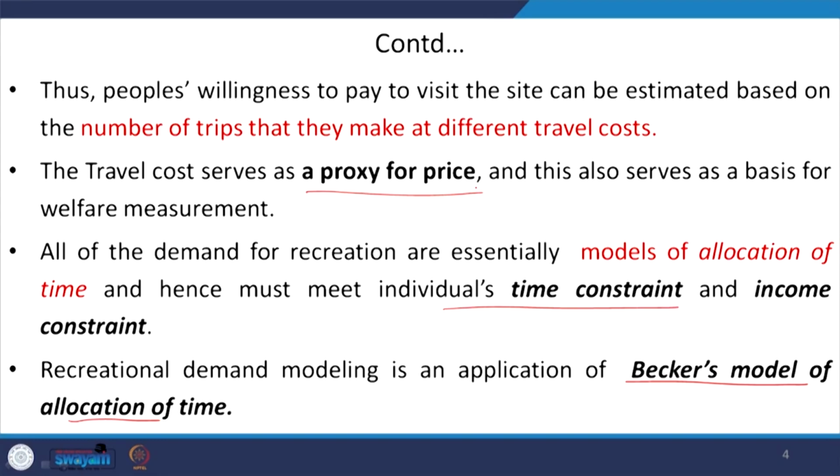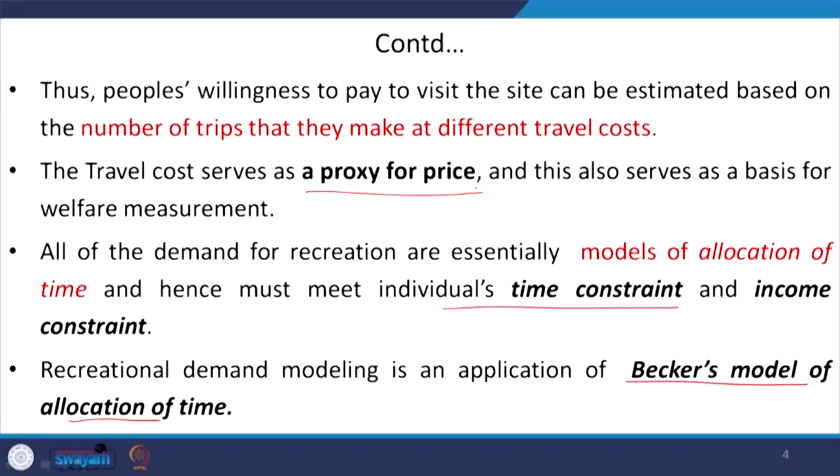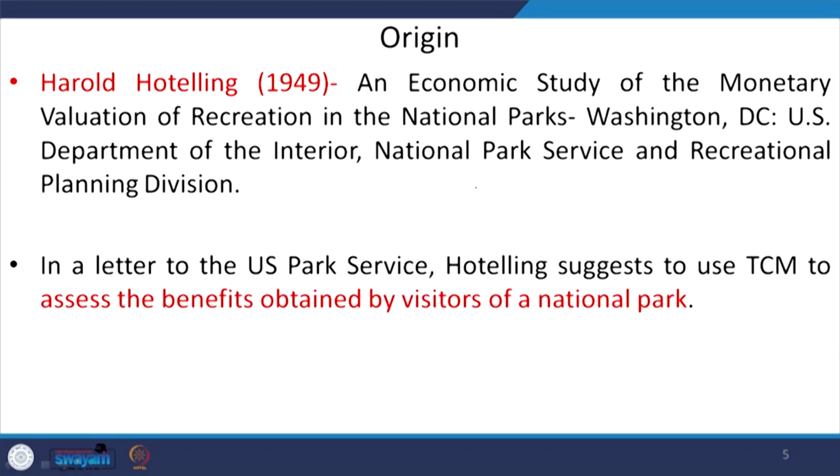And here, how we are estimating the willingness to pay is based on the number of trips or number of times the visitors visit that particular site at different travel costs, maybe per year or maybe 5 years. So, taking into account this theoretical framework, the travel cost method has been modeled.